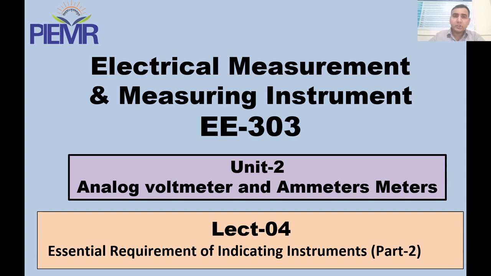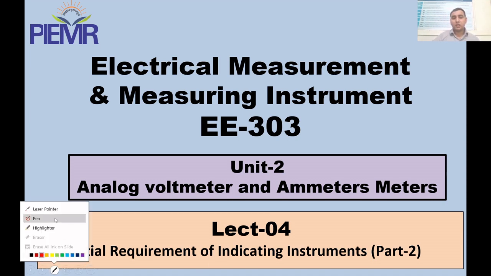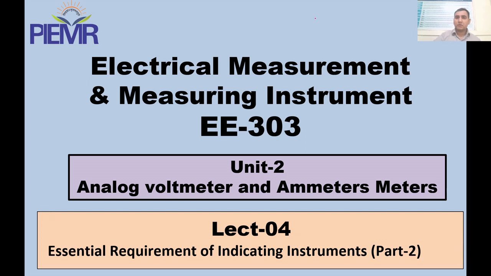Now in continuation, today we are talking about damping force. Before proceeding to this topic, I have to give a small introduction on how damping force works in any indicating instrument.